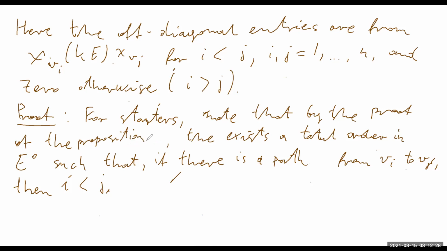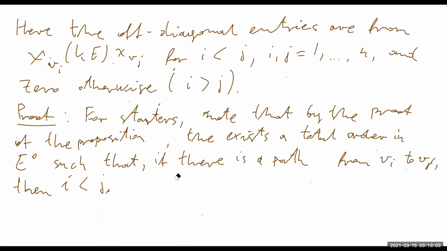Well, right, and it's obvious because if I have a path from Vi to Vj, a path consists of edges, and I go from vertex Vi to some vertex Vk by the first edge, and of course i is less than k, and so on and so forth. And by the transitivity of the inequality, I get that i must be less than j. Now, this is really immediate, but it's crucial.